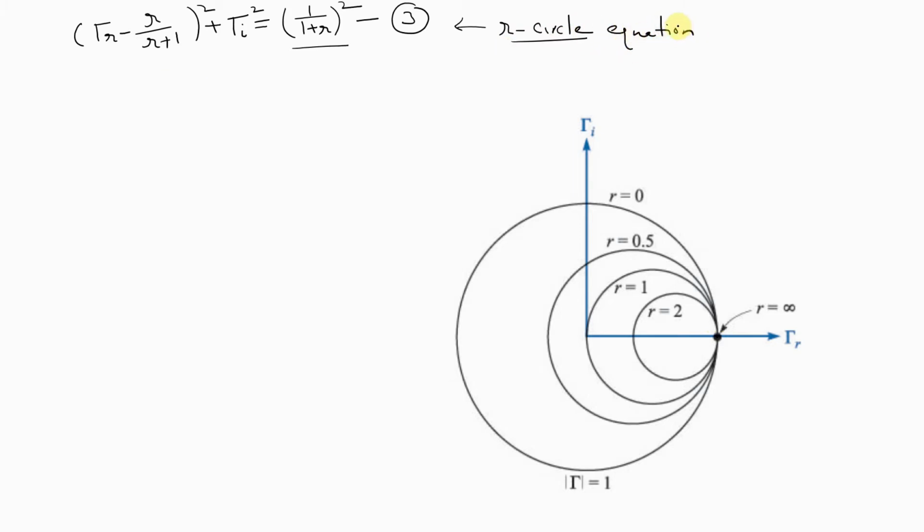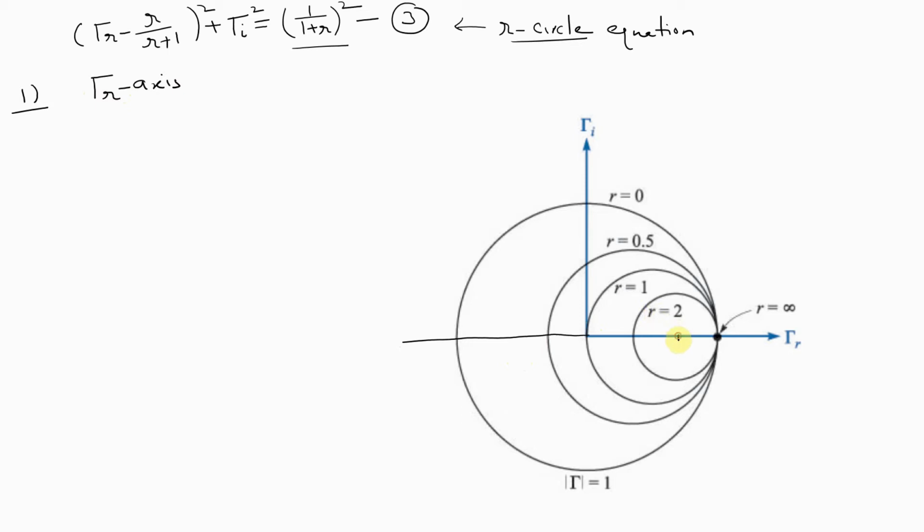So we have several properties of r circles. The first property is the center of r circles lies on the gamma R axis. All the centers, you can see, you can extend this.